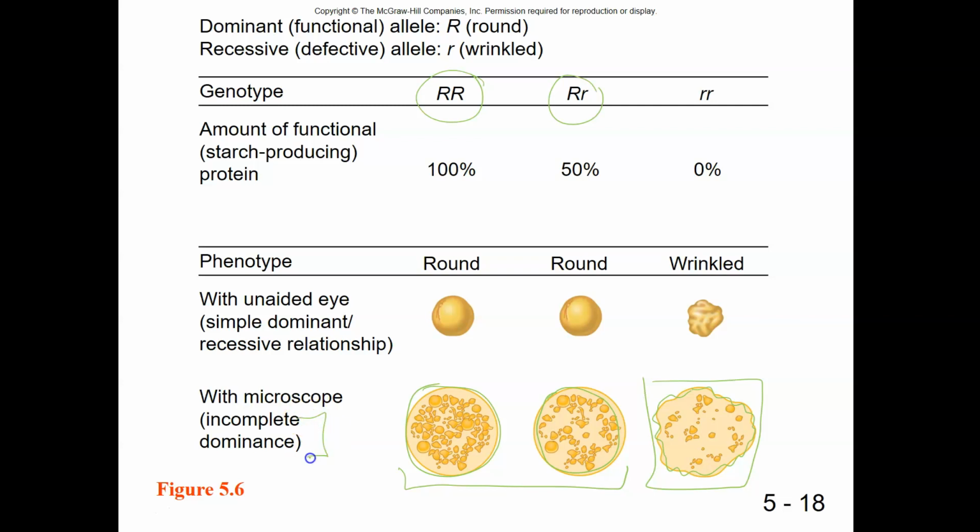You actually see incomplete dominance, right? You see that there's not enough starch made. Over here, with big R, little r, the big R rescues the shape of this seed. So simple dominant recessive relationships and incomplete dominance can't always be picked out or analyzed at a superficial level. Sometimes you need to go microscopic or even look at the levels of protein content being produced as a consequence of the allele combinations inside of an organism.